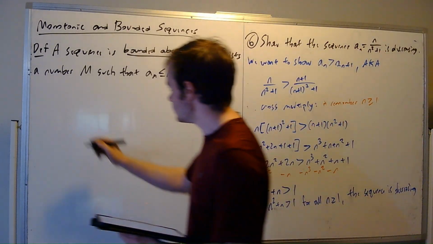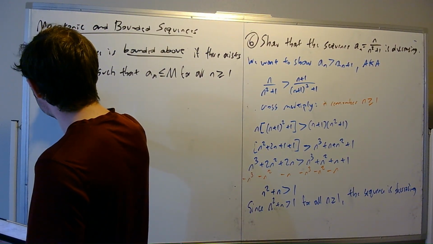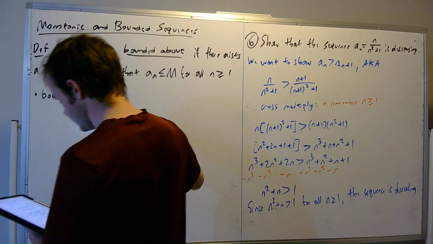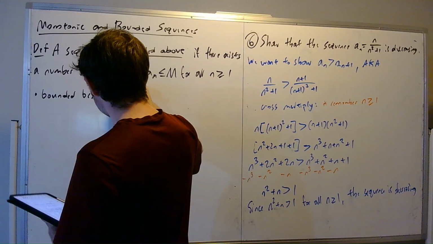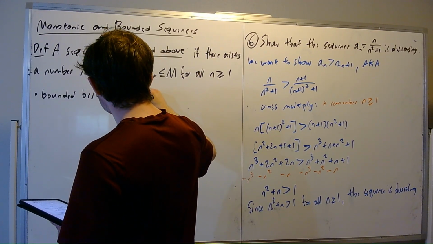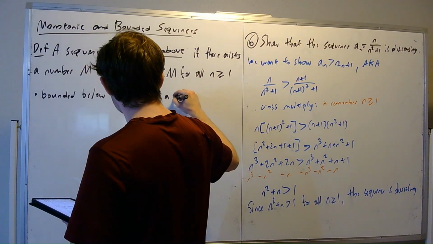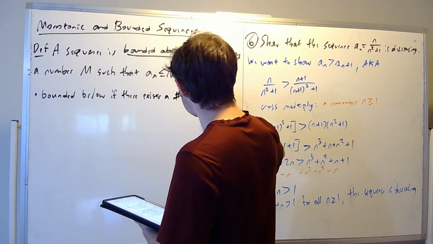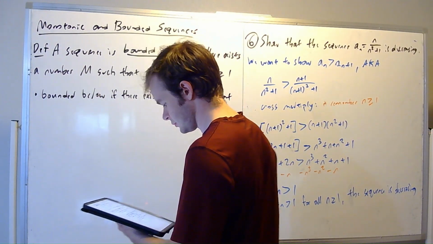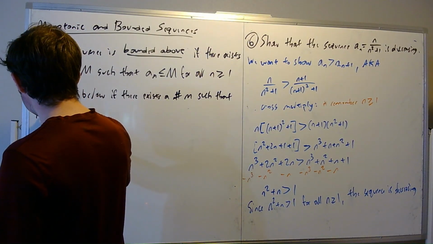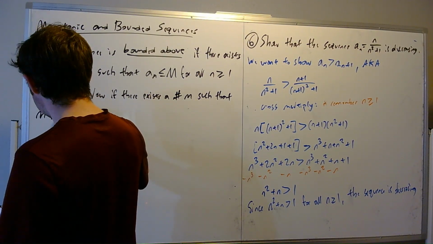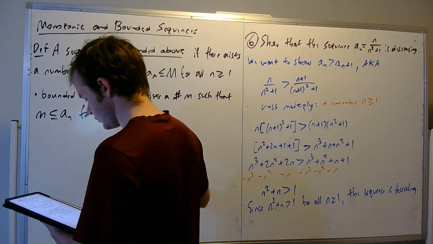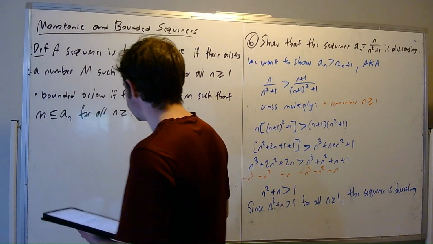Okay. And I'll say it's bounded below if there exists a number m such that m is less than or equal to a_n for all n greater than or equal to 1.